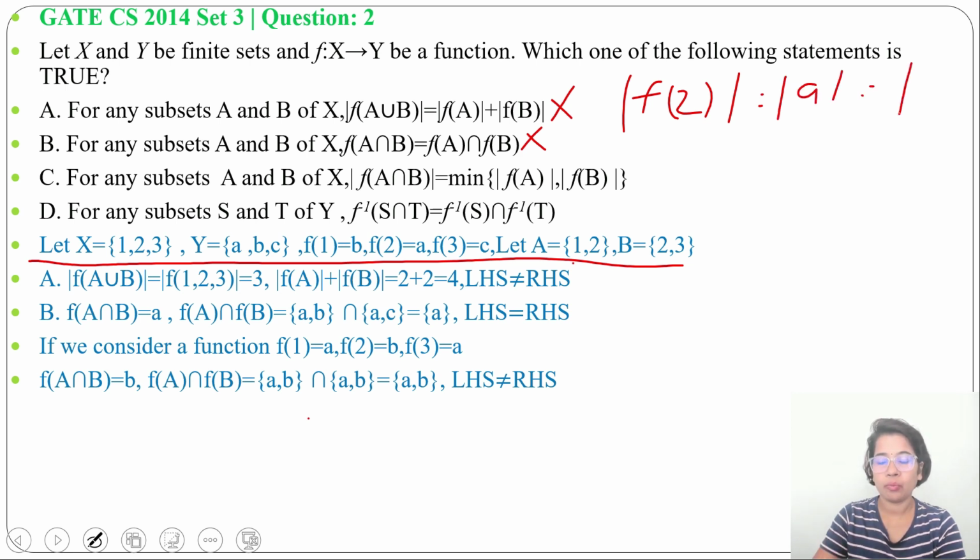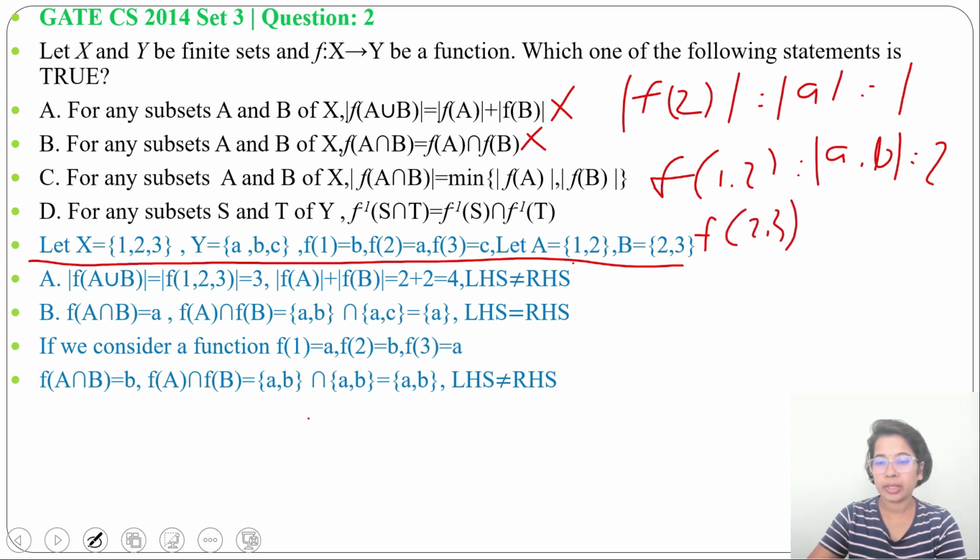In the LHS we found 1. Now the RHS: f(A), A contains 1, 2, f(1) is B and f(2) is A, so it is {A, B}, with cardinality 2. And f(B): B contains 2, 3, f(2, 3) is {A, C}, and its cardinality is 2. The minimum of 2 and 2 is 2.